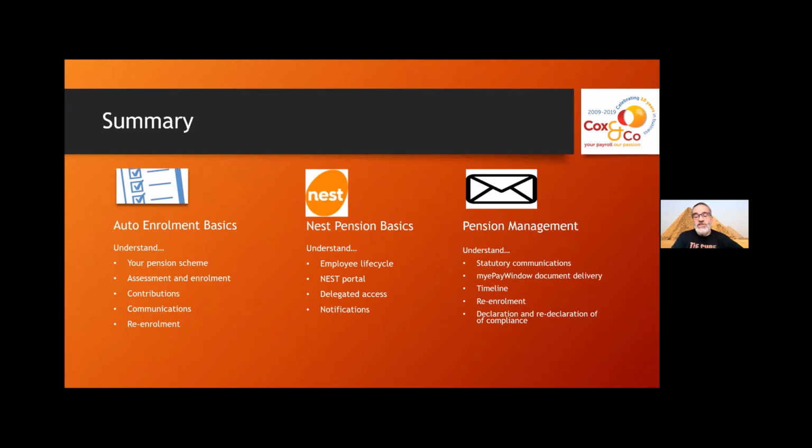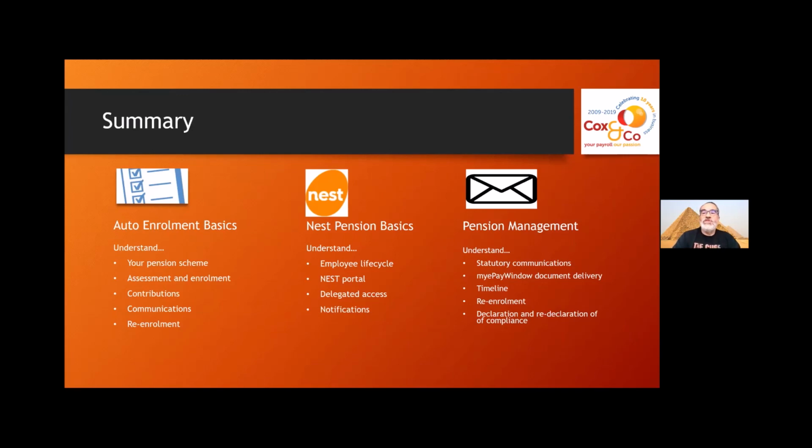We talked a little bit about the timeline, the things that are fixed, the things that are not so fixed, the things that we'll try and fix in the future. Re-enrollment again. I seem to put re-enrollment on every slide just in case I missed it. And then declaration and redeclaration of compliance.